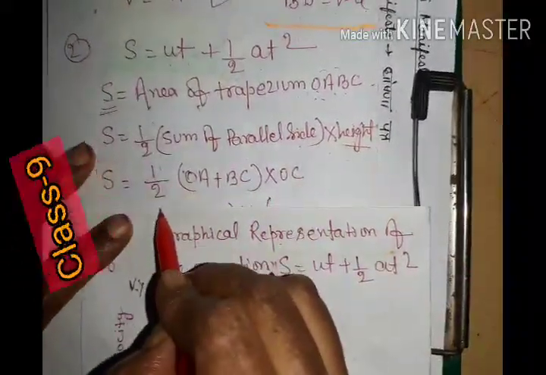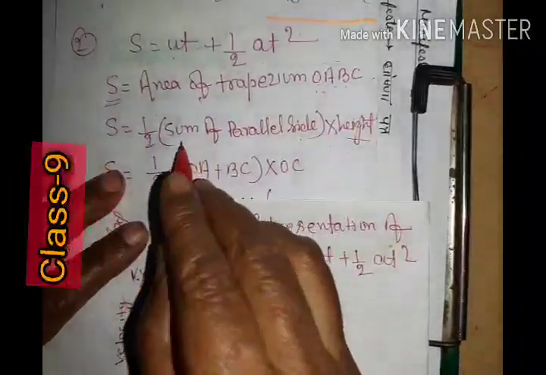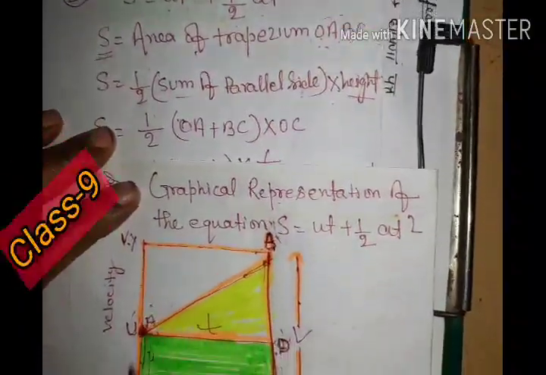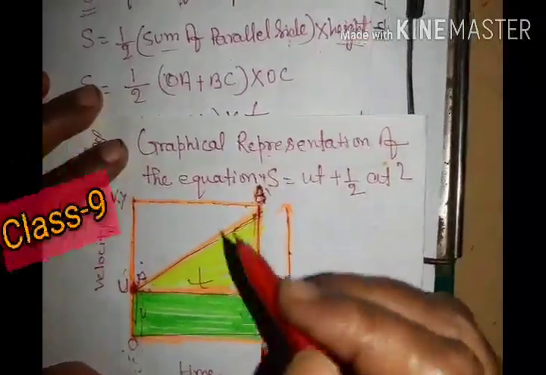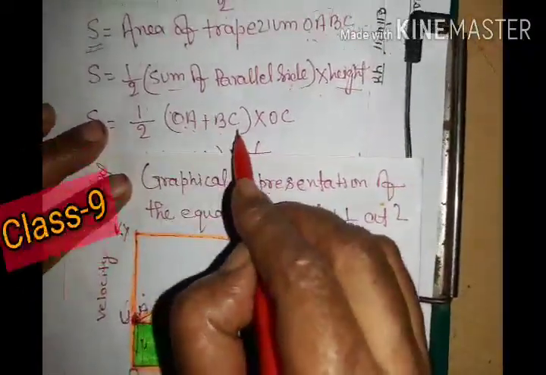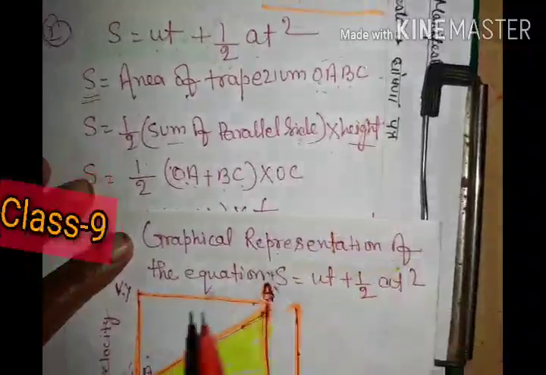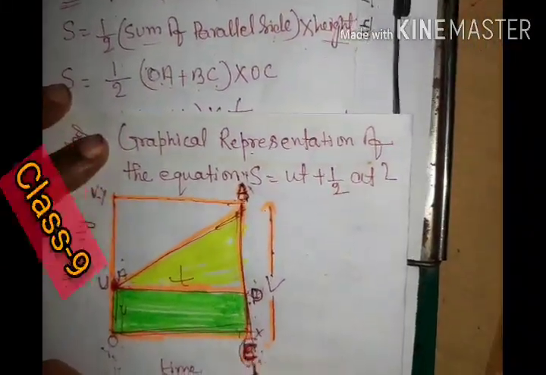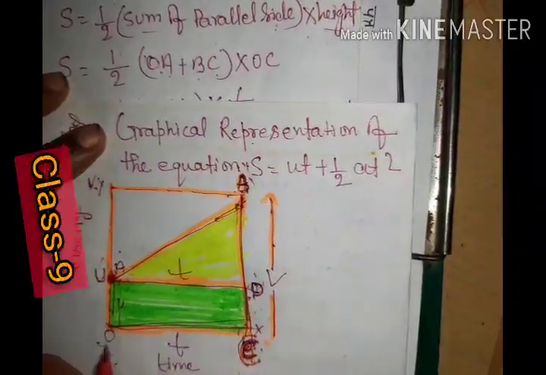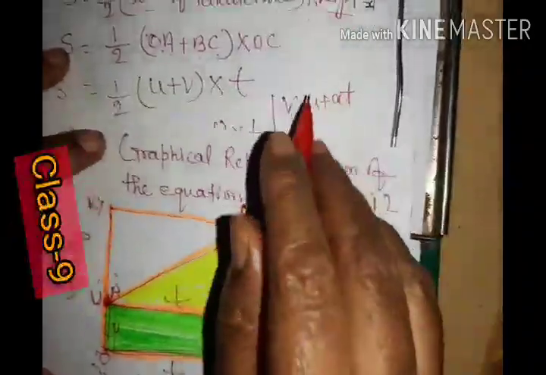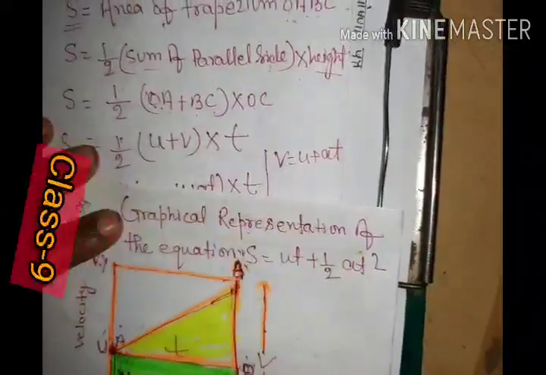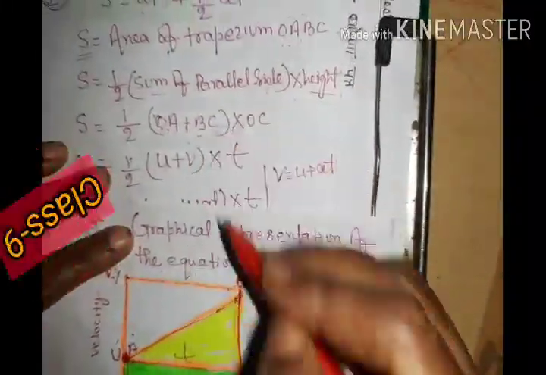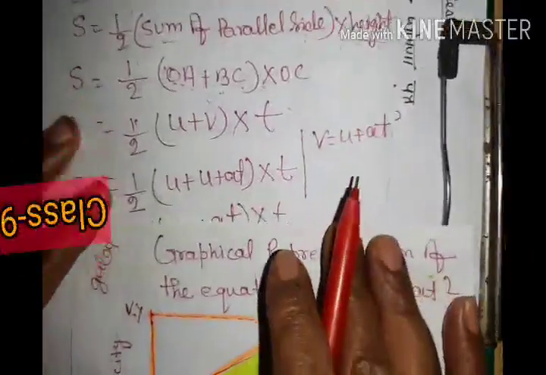OA is parallel to BC, so half OA plus BC into height. The height is OC, which is t. So half, OA is equal to u plus BC is equal to v, into t.